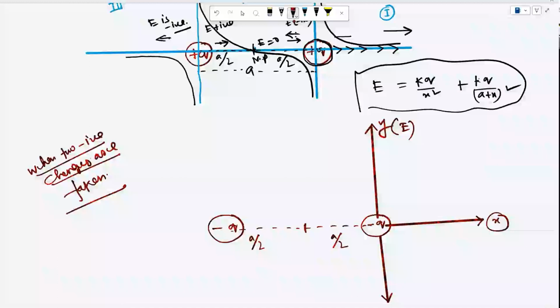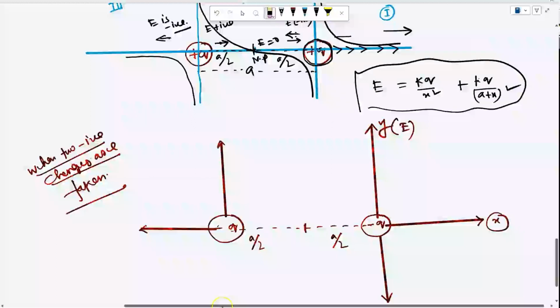Now if we want to find the electric field, these are both negative charges. I remind you again, no positive charge is there.